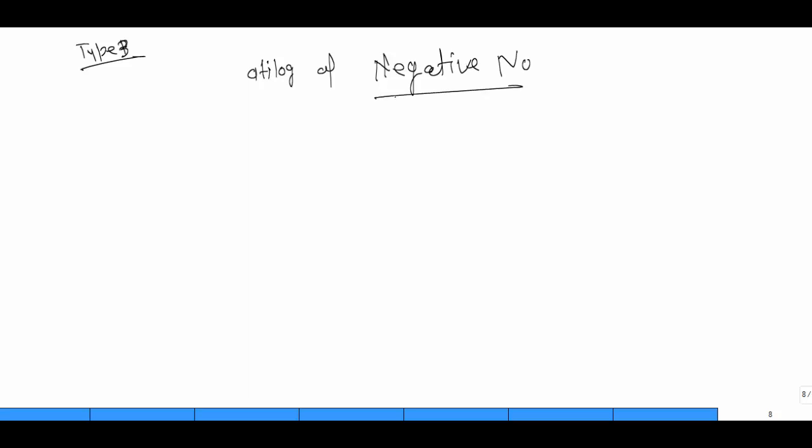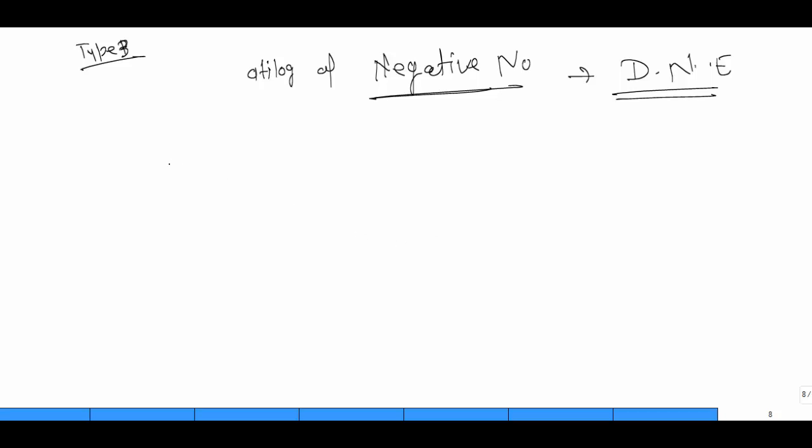Remember this: the antilog of a negative number, you will say it does not exist. Antilog of negative numbers does not exist. I said this intentionally because mostly students make mistakes in this. Actually it does exist, but just remember this: antilog of negative numbers does not exist.